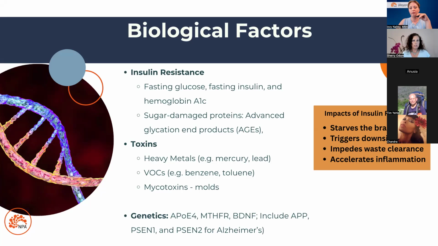And I want to just go back and touch on this insulin resistance for a few minutes because it not only causes damage in your cognition, but it really shrinks your brain.